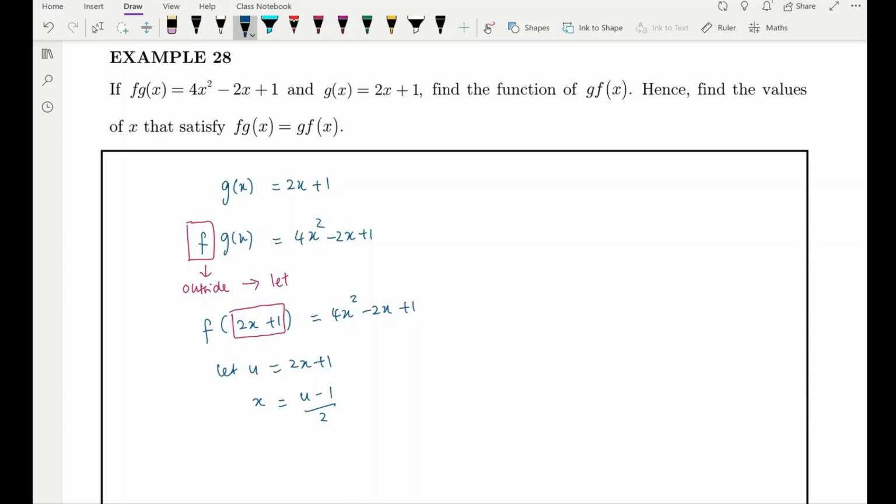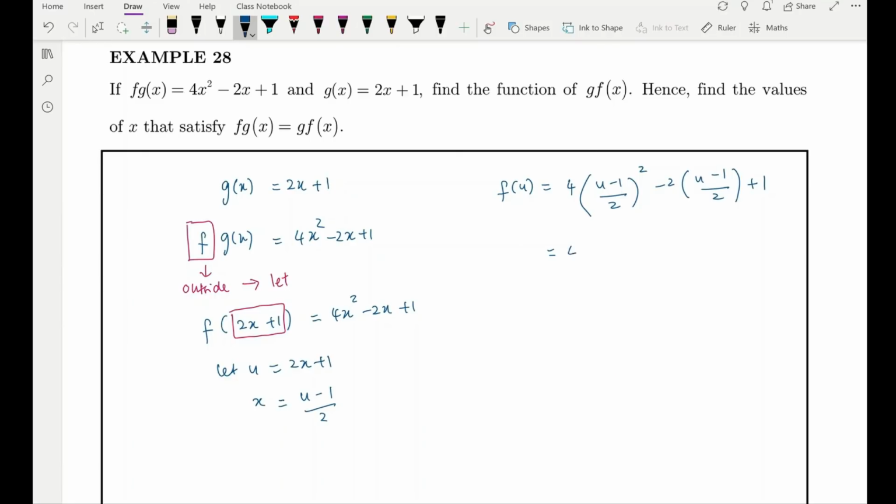So we can get f(u) equal to 4 times ((u minus 1) over 2) squared minus 2 times ((u minus 1) over 2) plus 1. And then we simplify the answer.